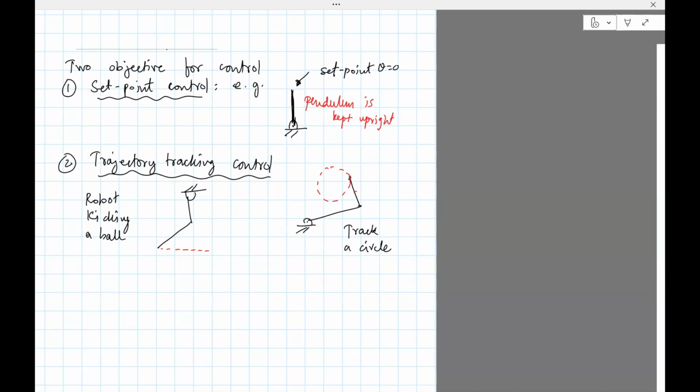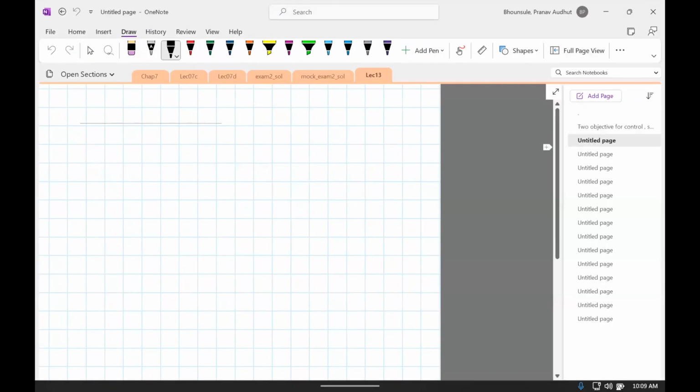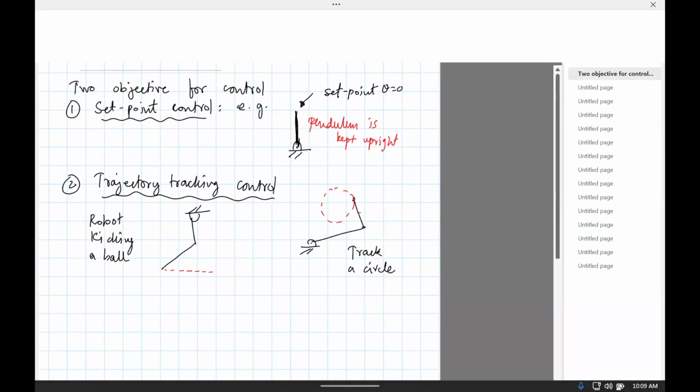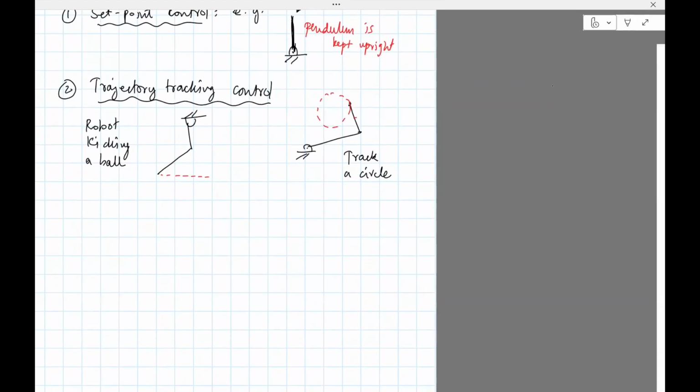Okay, so the best way to motivate this is to look at the simplest possible system, which has equations similar to a manipulator. We said that the equations of a manipulator are M(q) q double dot plus C(q, q dot) q dot plus G(q) equals tau.